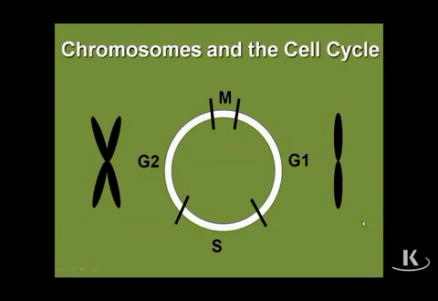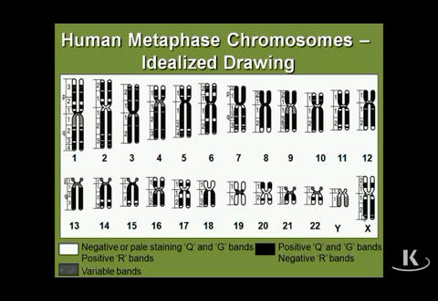Now, in your book, you have two representations of chromosomes. At the top of the page in your book, you've got an idealized drawing of individual chromosomes. And at the bottom of that page, you have an actual photograph of real chromosomes. The artist here has drawn just one copy of each chromosome. And notice that each chromosome is drawn as a pair of sister chromatids as it would exist in metaphase.